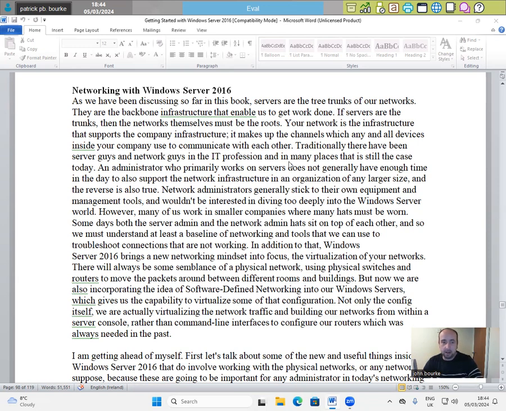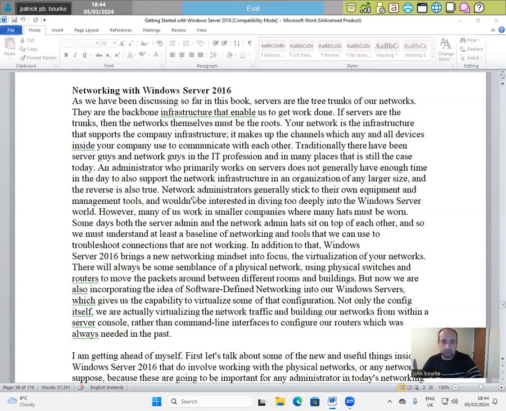Traditionally, there have been server guys and network guys in the IT profession, and in many places that is still the case today. An administrator who primarily works on servers does not generally have enough time in the day to also support the network infrastructure in an organization of any large size.